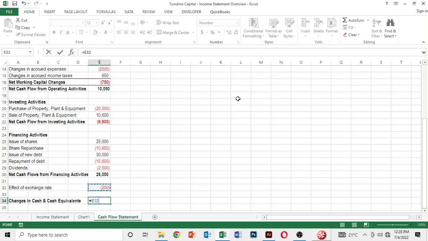To compute that, we take the figure from the operating activities section, add the figure from the investing activities, add the figure from financing activities, and then add this as well. And there we have our changes in cash and cash equivalents.